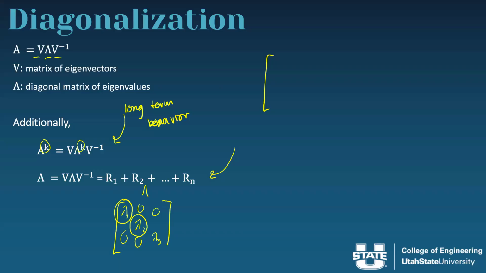So conventionally, that's why we have the greatest magnitude as lambda 1 and decreasing from there.